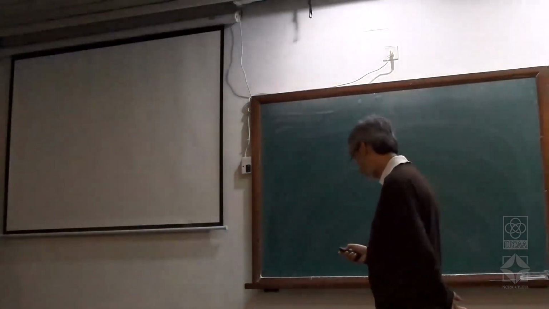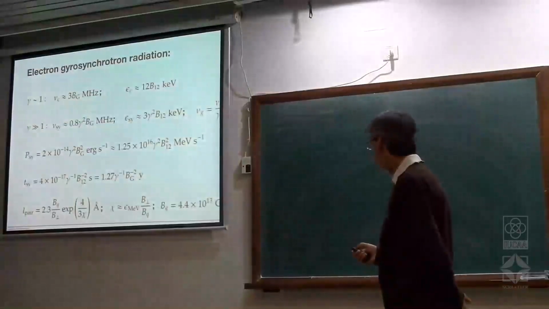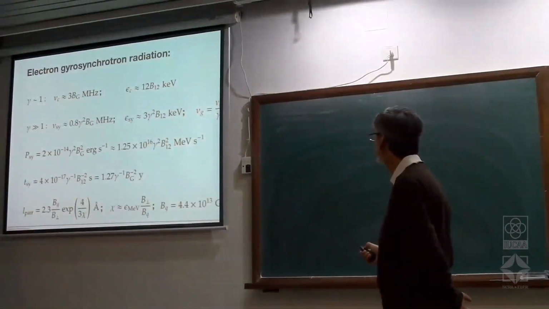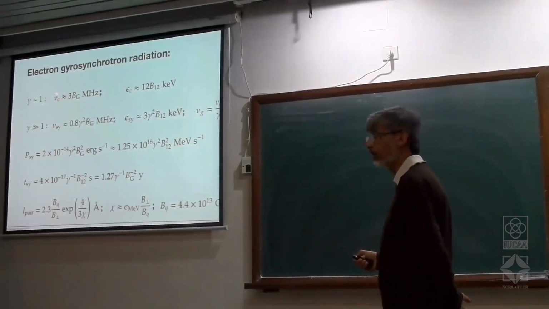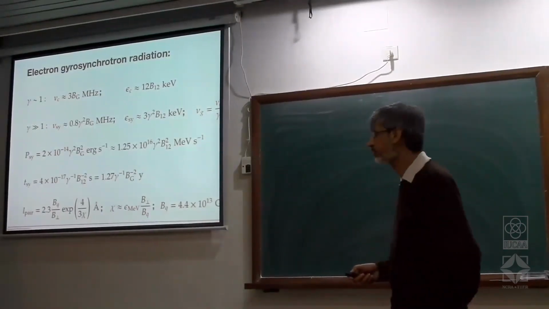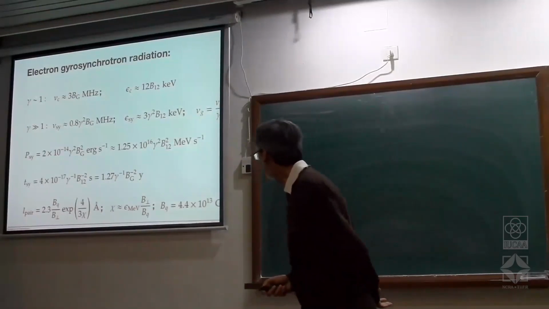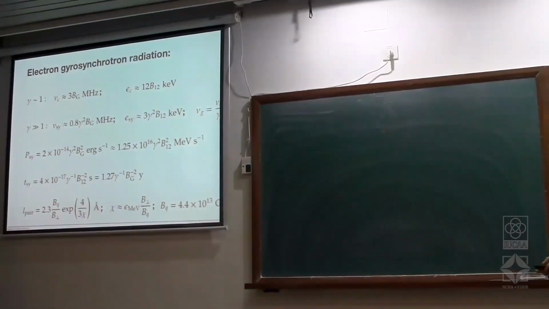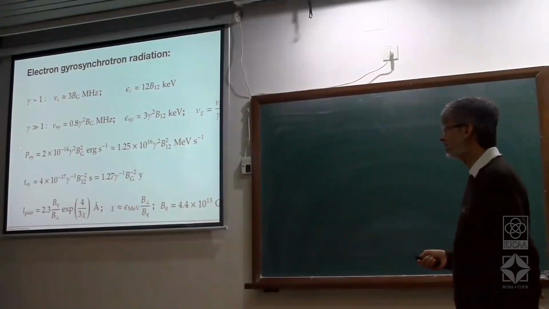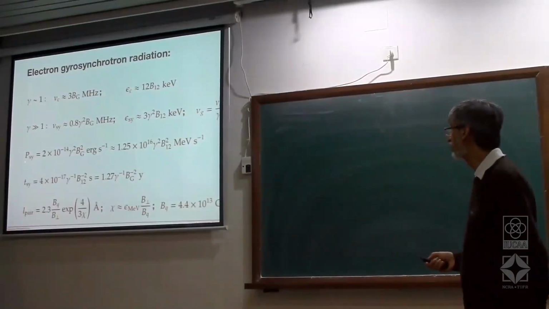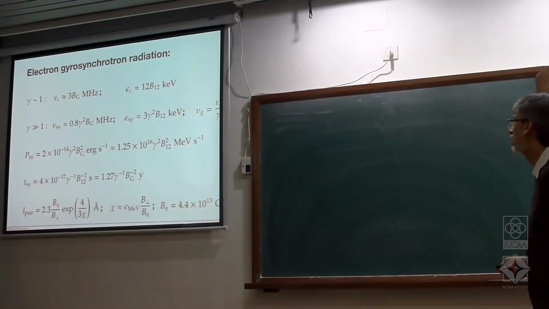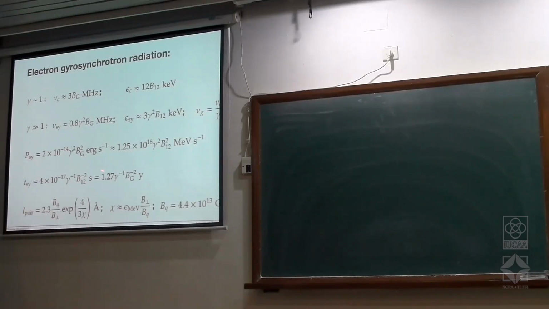And the gyration frequency is the gyration frequency in the non-relativistic case divided by gamma. Then synchrotron power per particle is, as I said, 2 times 10 to the minus 14 gamma squared B squared ergs per second. We can write it in different units.